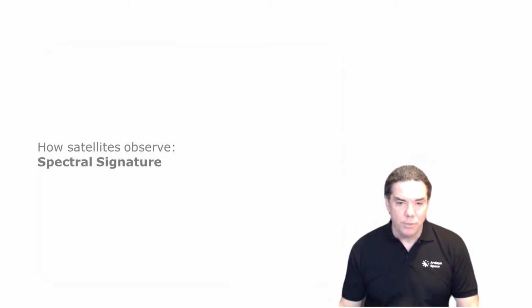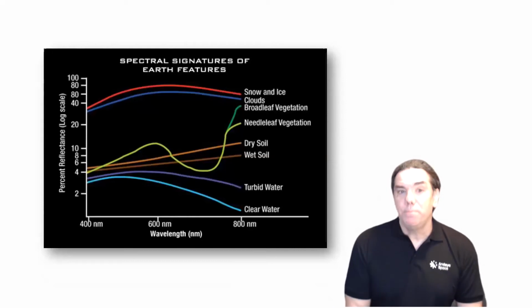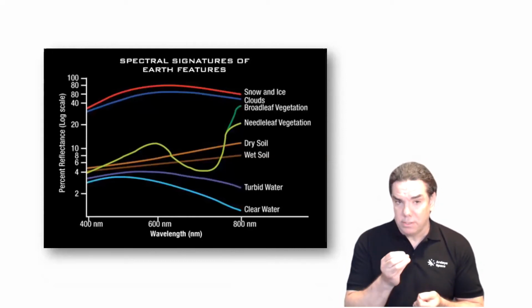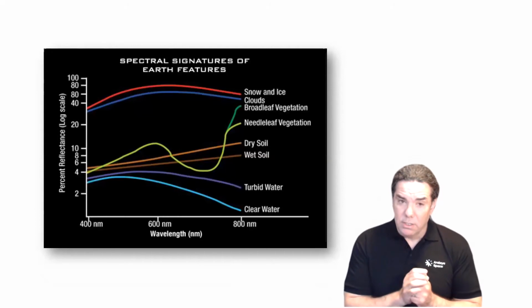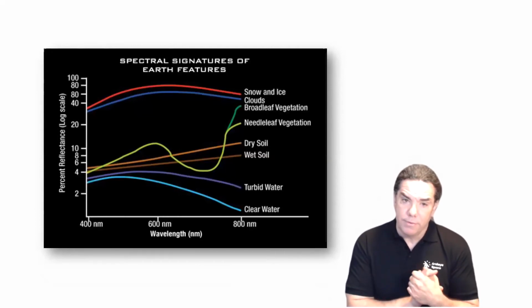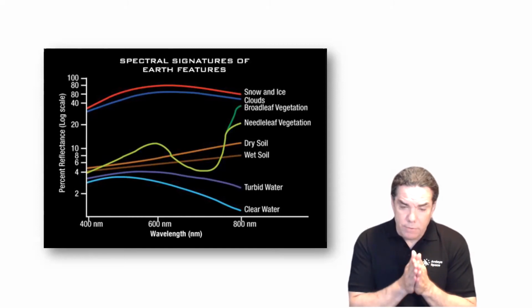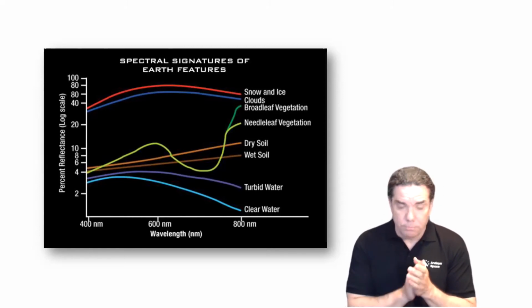It looks like a difficult name, but this is a simple concept. If you see here, this graph represents the percent of reflection coming out of different things that we have on the Earth. In the horizontal axis we have the wavelength, which means the different colors.